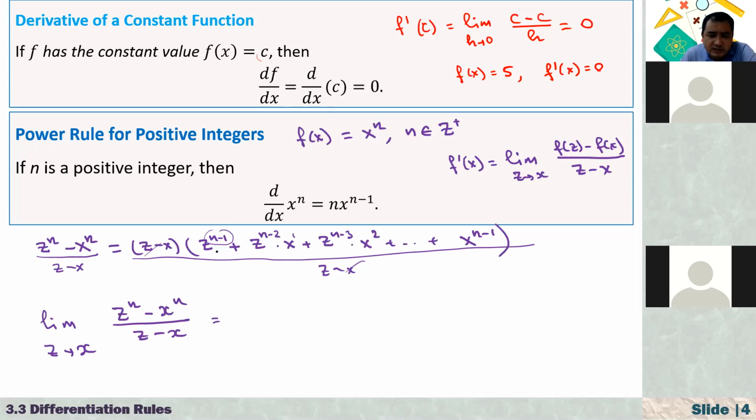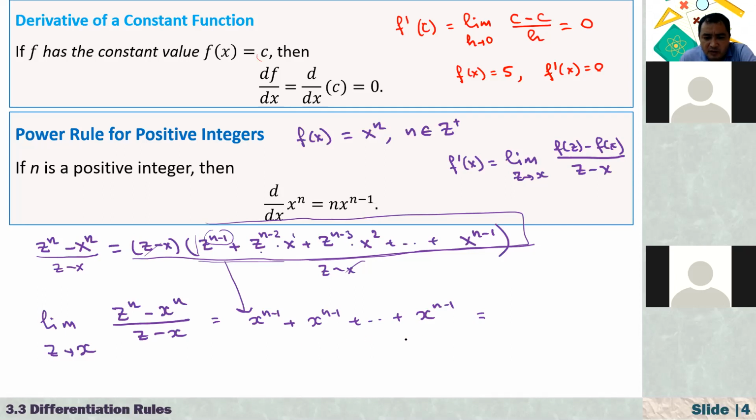So that is equal to the above expression, right? And when z approaches x, z to the power n minus 1 approaches x to the power n minus 1, plus x to the power of n minus 2 times x, which is equal to x to the power of n minus 1, and so on, until the last term, also x to the power of n minus 1.